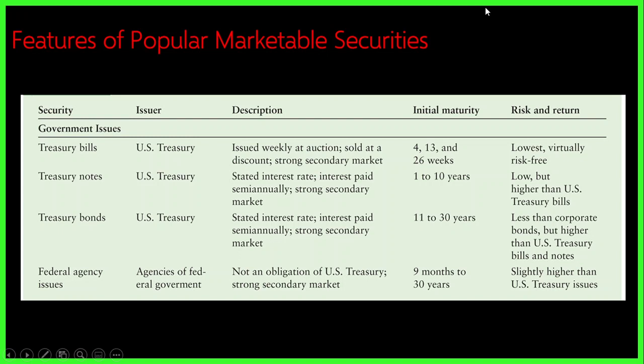Now, going to government-issued securities, again, the risk will be lower if the initial maturity is shorter. So if you compare bills and notes, and you are asked which one is riskier, well, the one that has a longer maturity, which is notes.